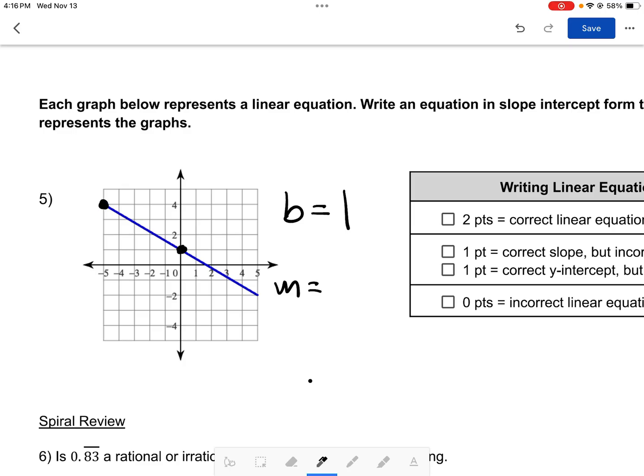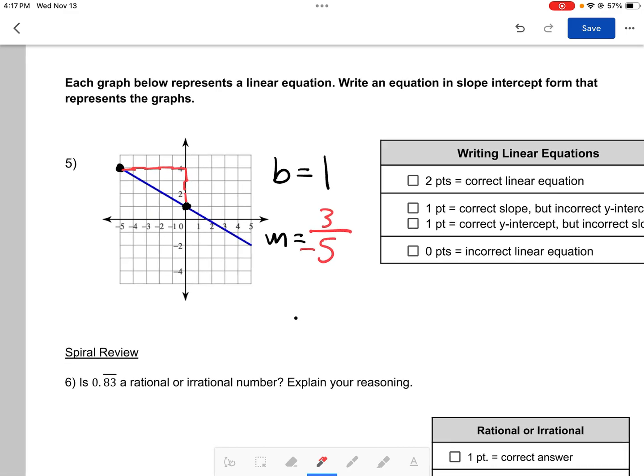I see that point is here. So I am counting up 1, 2, 3 blocks. So my rise is 3, but my run is going to be 1, 2, 3, 4, 5. And it's going to be negative 5 because I'm moving to the left. If I move to the left on that graph, that makes it negative.